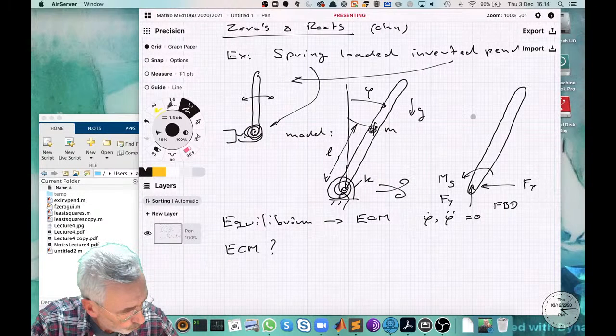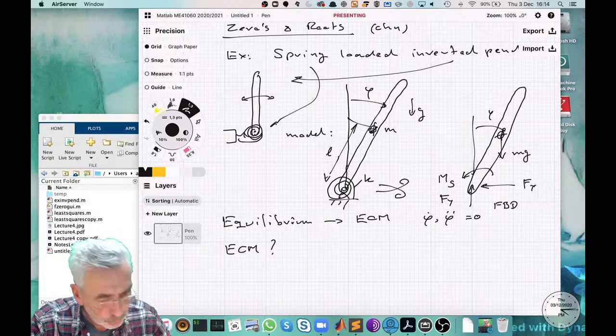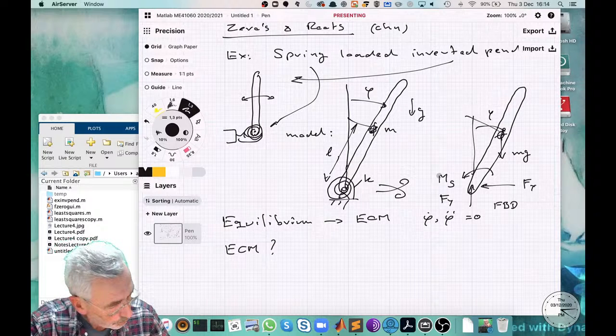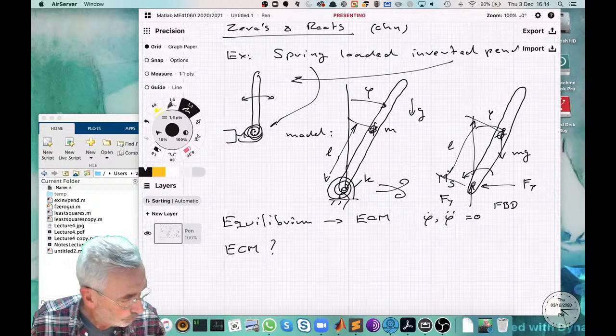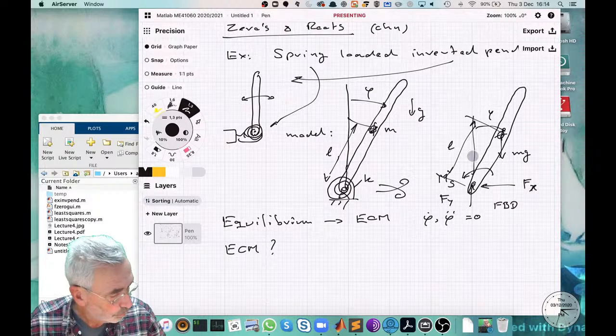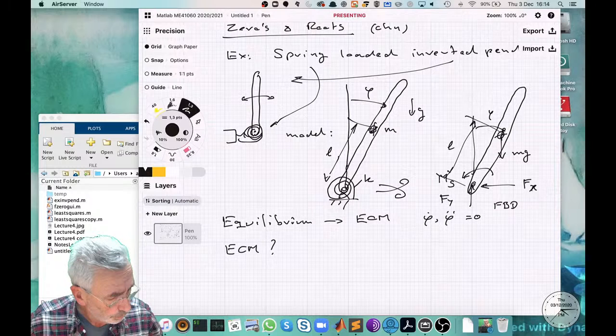Remember we have this angle, phi, and gravity here, mg, we have to put in all the forces. Oh yeah, this distance is there, L. And then I think the figure is done. So we have a horizontal force, a vertical force, Fx, Fy, a torque from the spring, a gravity force, and some geometry.